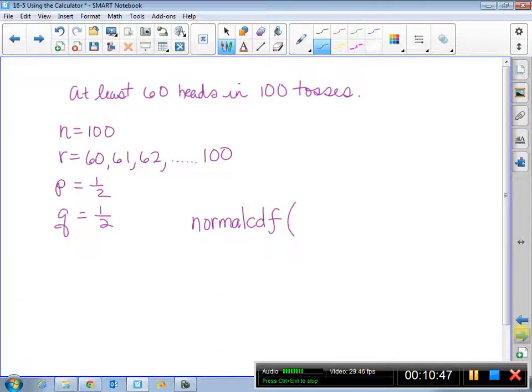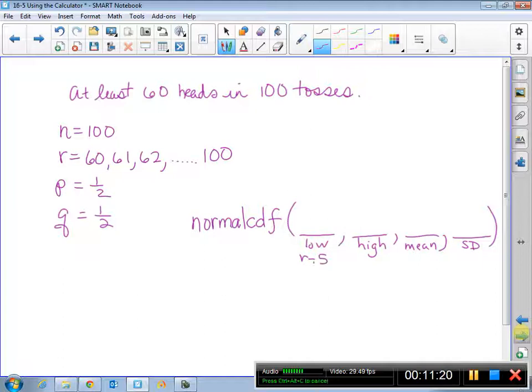Now we still need the low value and the high value and the mean and the standard deviation. But now it's a little trickier. The low now is going to be your low r value minus 0.5.